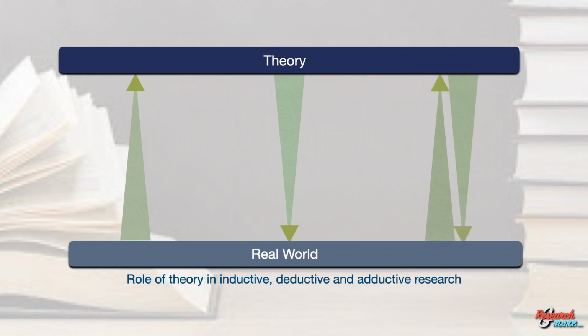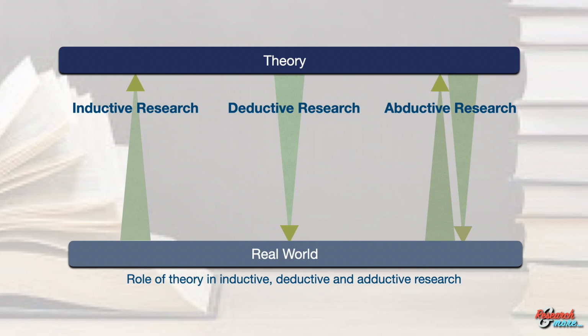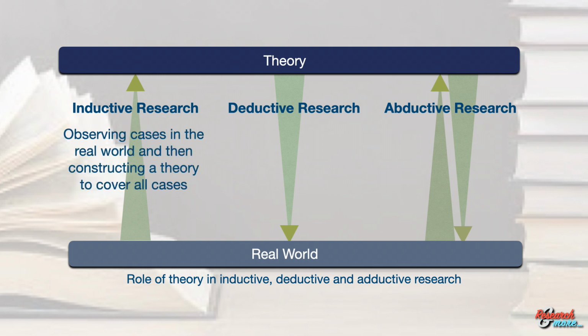There are three different research approaches by which this can be done, namely inductive research, deductive research, and abductive research. Inductive research is concerned with theory building. When there is a lack of existing theory that predicts and explains a particular behavior in the social world, the researcher collects data in the real world with the aim of building a new theory.